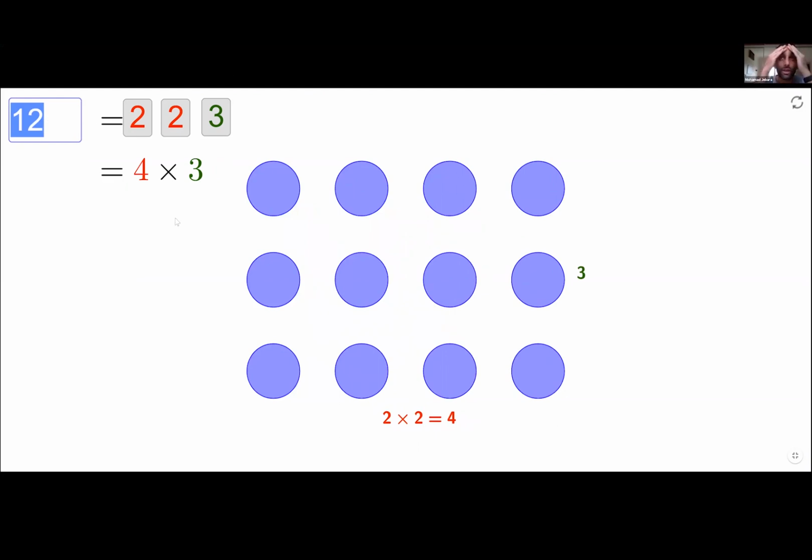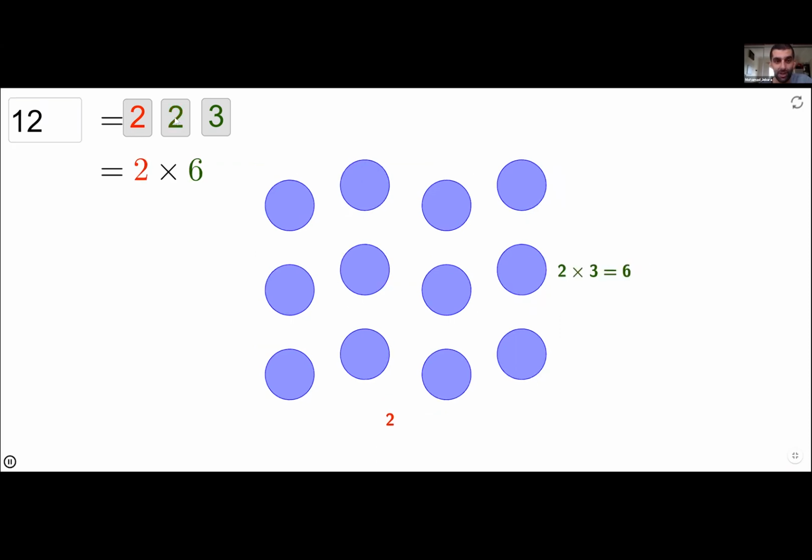So one way to visualize this when you're thinking about just finding the factors of numbers is, how can you put this into a perfect rectangle? So if we have 12 and we want to make a perfect rectangle, that goes 3 by 4, okay? That's not the only way you can factorize it. That's not the only factors you can get.